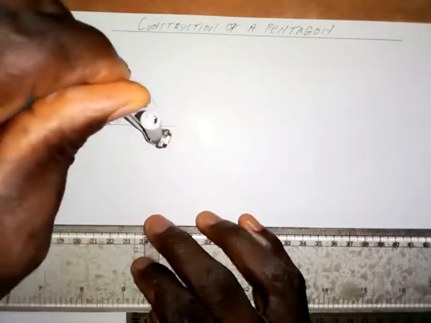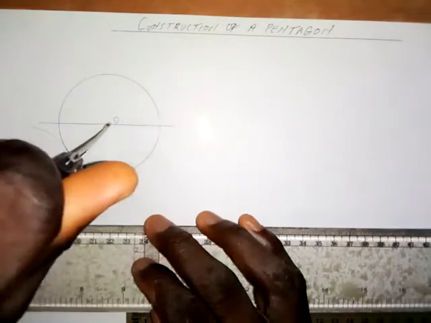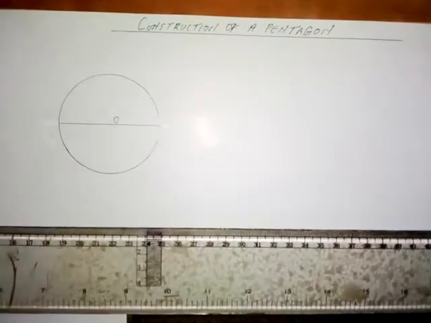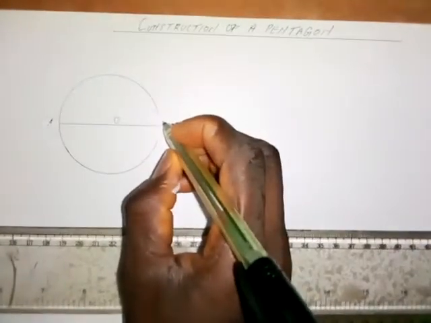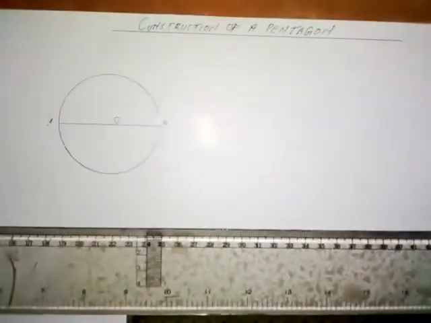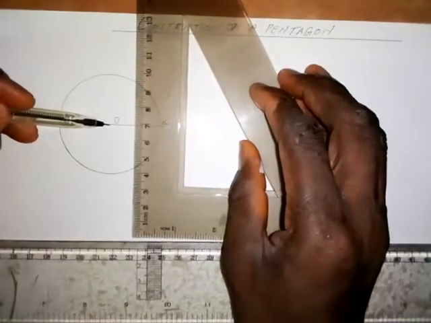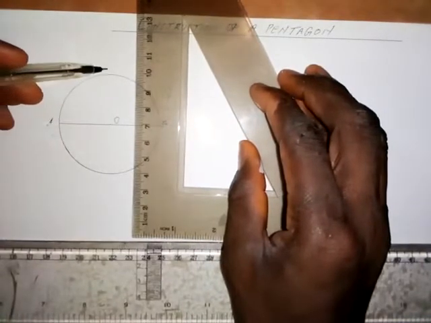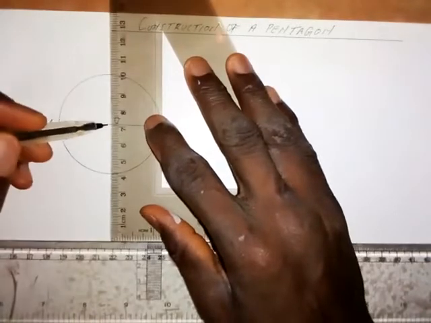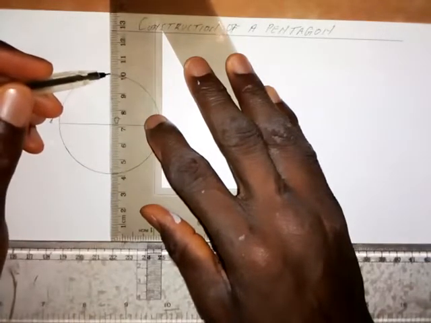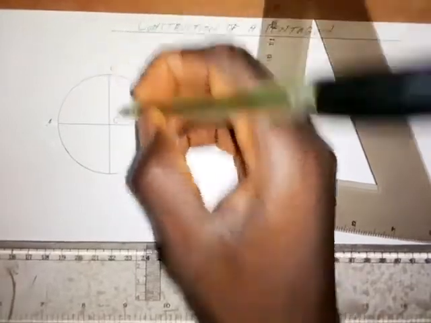After you have drawn the circle, call this point here on the diameter point A, and call this point B. Then draw a vertical line passing through point O at the center and meeting the circle at points C and D. This point is point C here, while this point is point D.